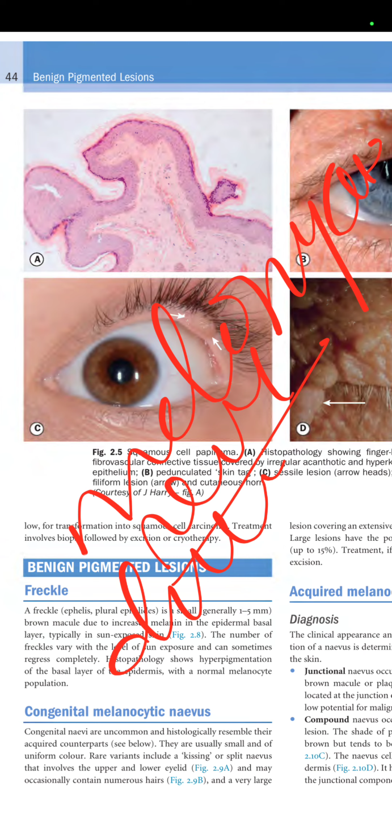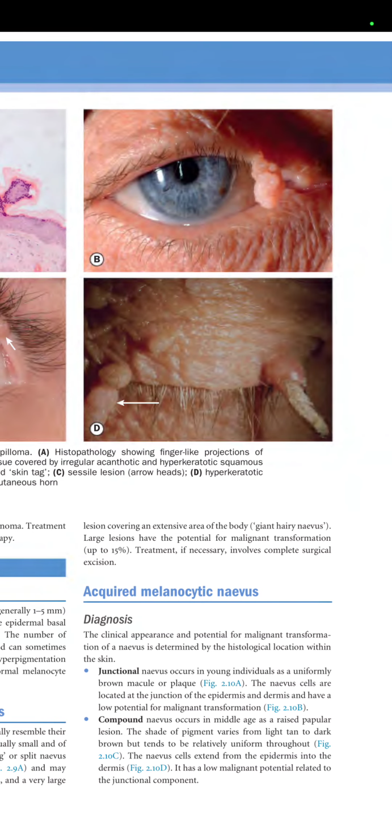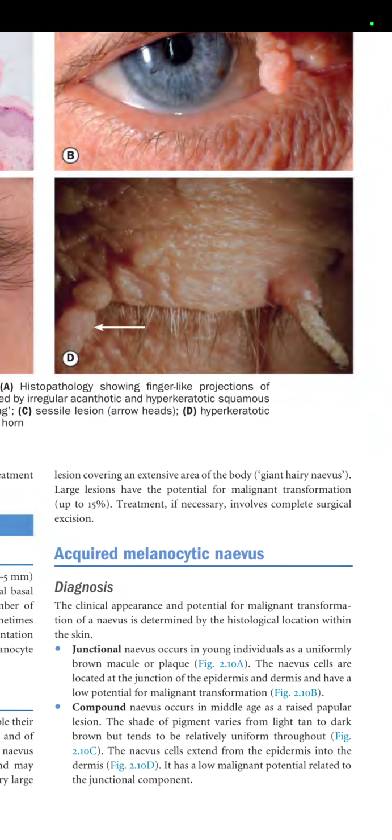Acquired means that you get it after some time, not from birth. They are usually small and uniform in color. The large lesions have the potential for malignant transformation as well. And if you want to treat it, you will treat it with complete surgical excision.